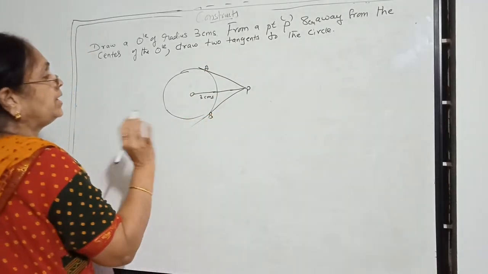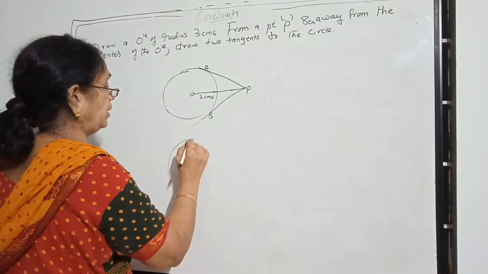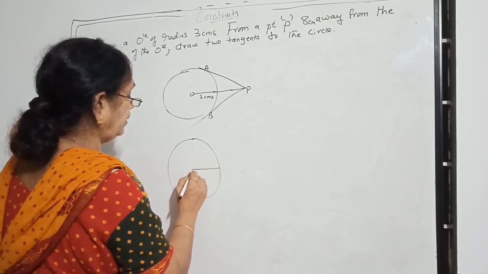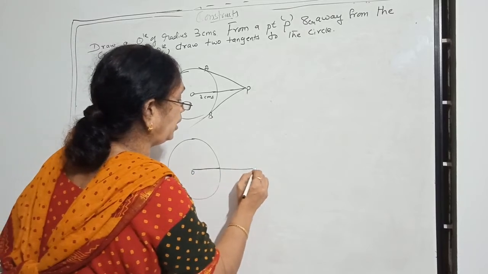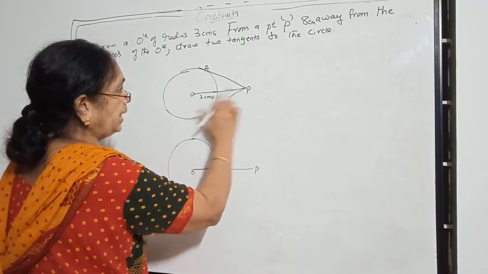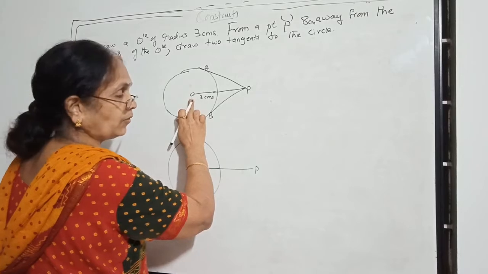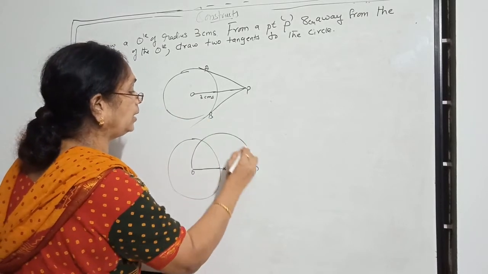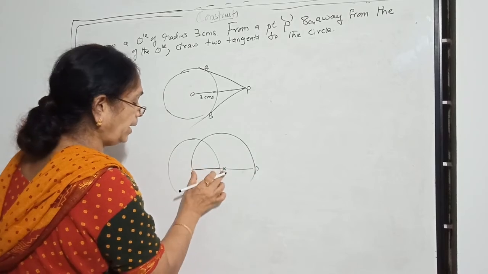Recollect children, very simple. First we will draw one circle of radius 3 centimeters. Then extend it to the point P. This total is 8 centimeters from the center. Mark the midpoint of this OP. Draw one circle with this as the radius.